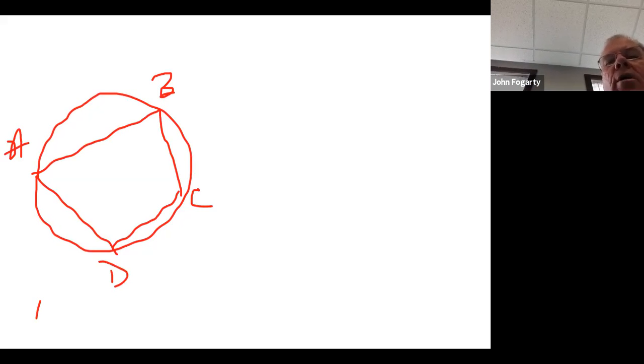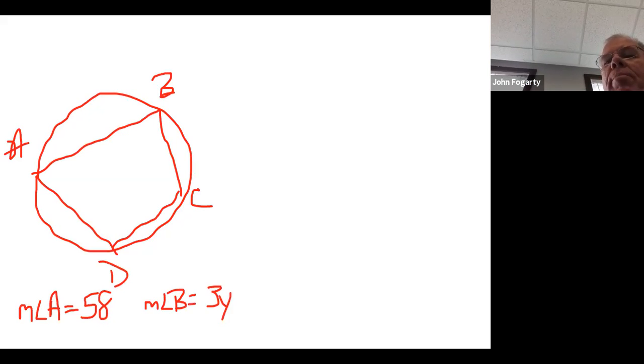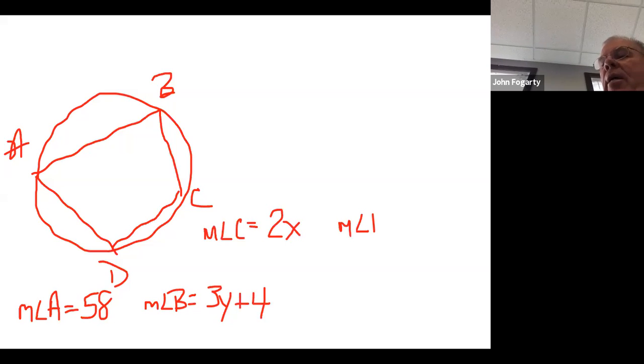The measure of angle A is 58. The measure of angle B is 3y plus 4. The measure of angle C is 2x. And the measure of angle D is 2y plus 16.